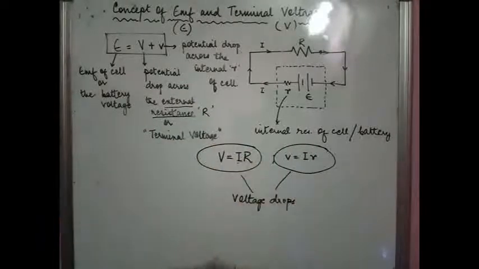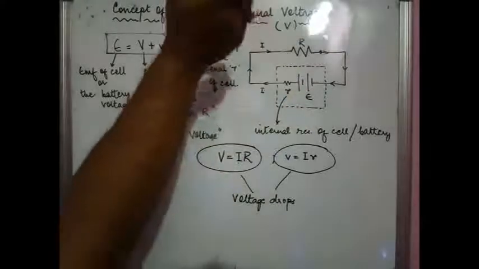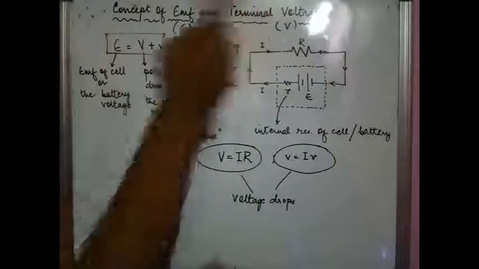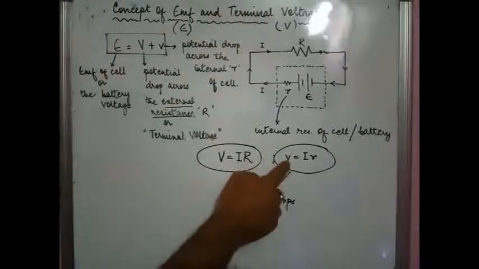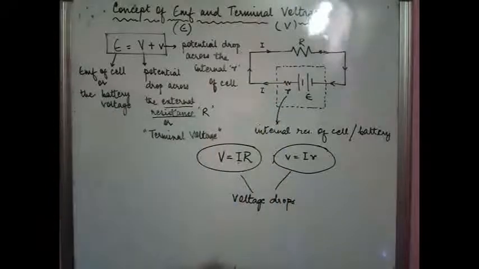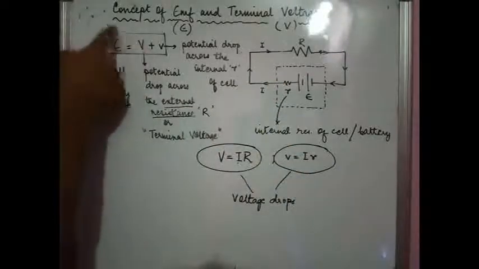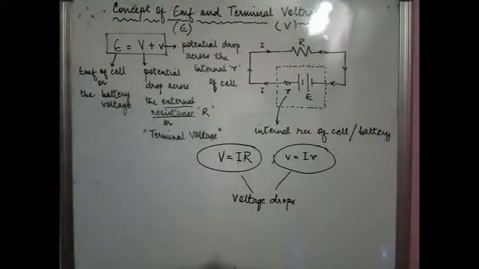The only difference is that this voltage drop and this voltage drop are happening across different resistances. This voltage drop is across the external resistance, whereas this voltage, small v, is the potential drop across the internal resistance of the battery. It is the sum of these two drops that makes up the overall battery voltage.